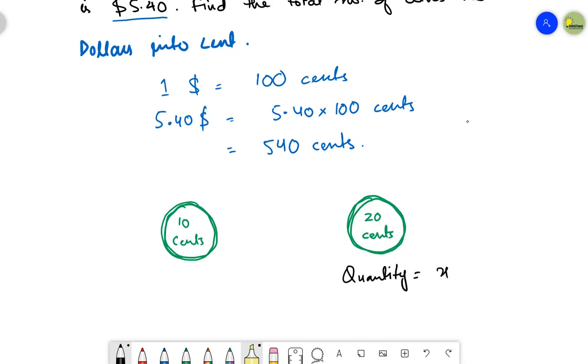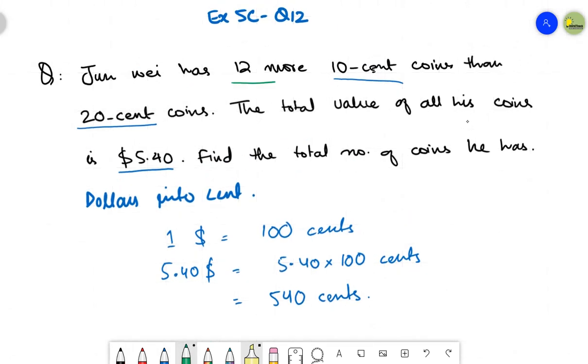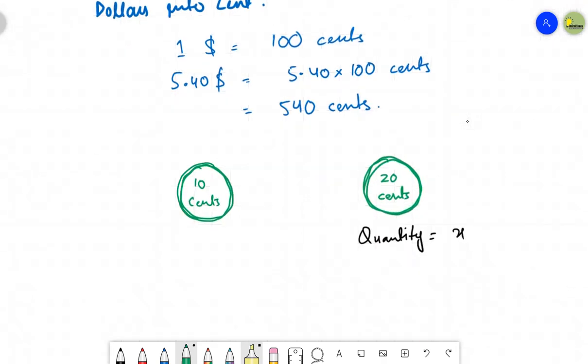Then he has 12 more 10-cent coins than 20-cent coins, so if the quantity of 20-cent coins is x, then the quantity of 10-cent coins must be x plus 12. I add 12 to x so that I have the total number of 10-cent coins.